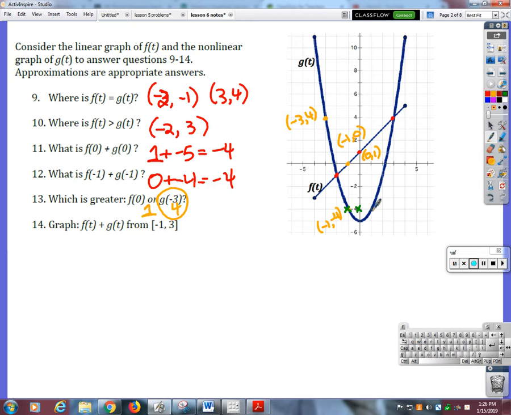If you add those together, you get negative 2. Then if I go to 2, what's the y coordinate of that one at x equals 2? And the y coordinate of this one is, which if I add those together gives me 2. And then finally, at 3, both of the y coordinates are 4. So if I add those together, I get 8.